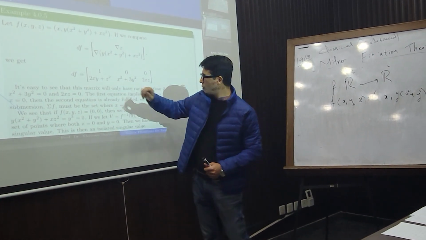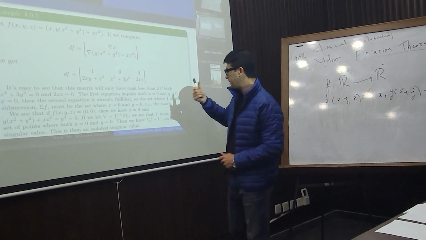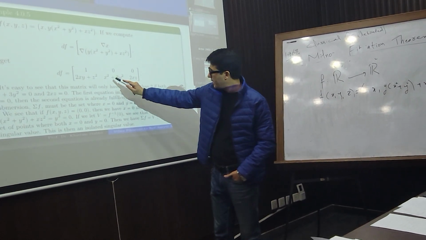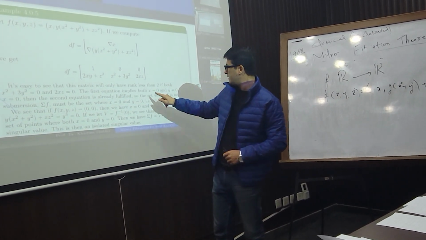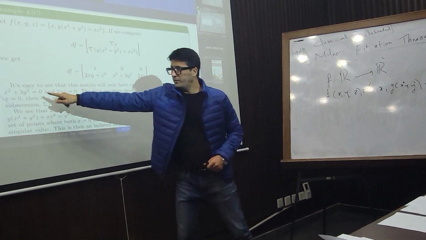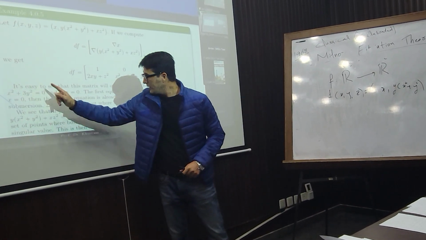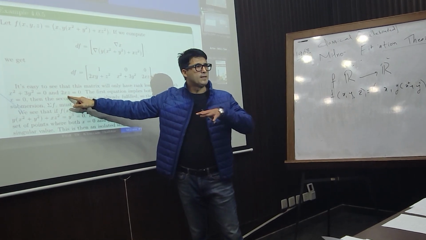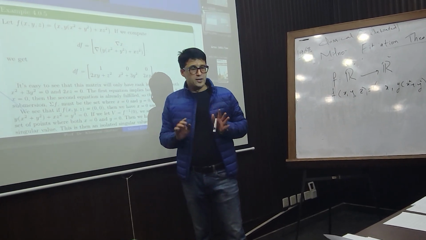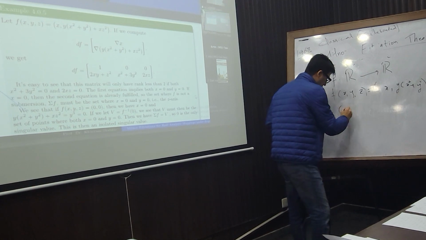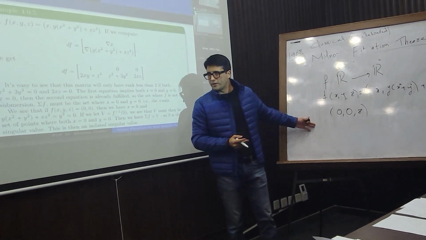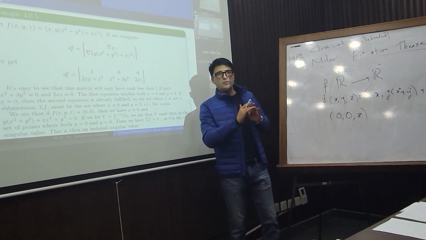So this part being 0 means this is 0 and this is 0. If we take this 0, that means x is 0 and y is 0. If x and y are 0, it doesn't matter what z is, this equation is satisfied. So that means (0, 0, z) are our singular points. It doesn't depend on z.